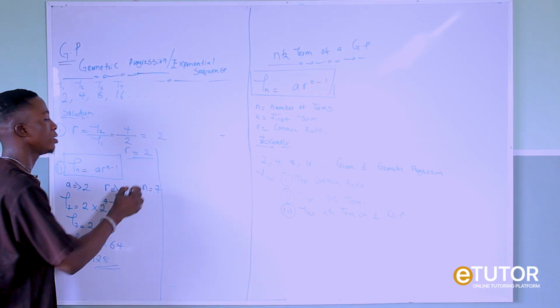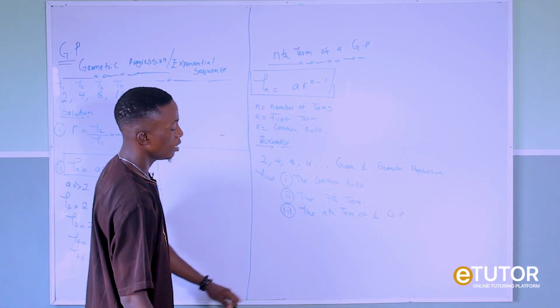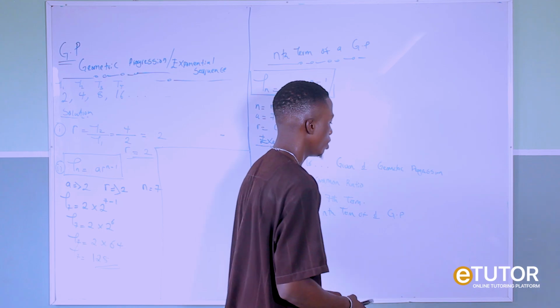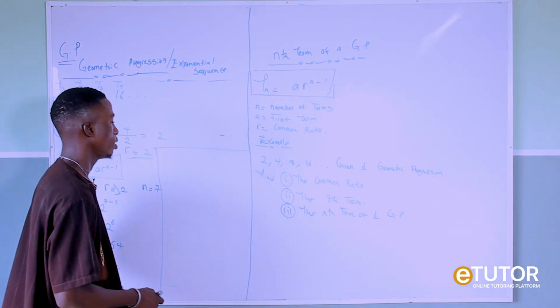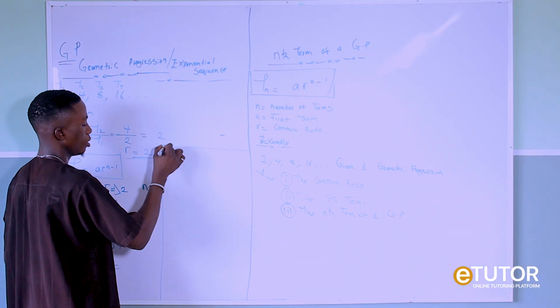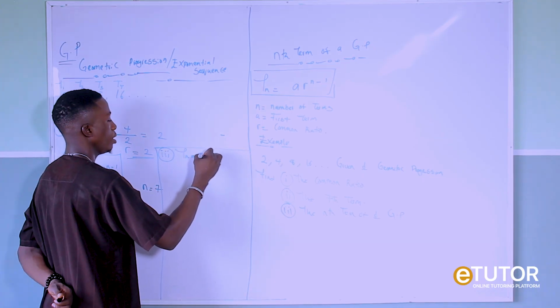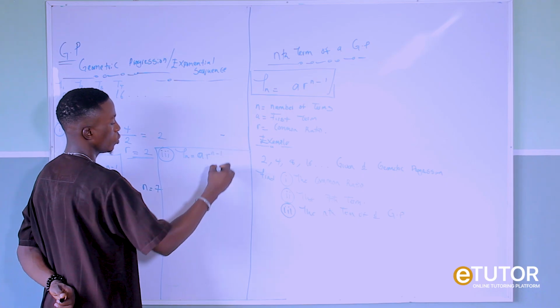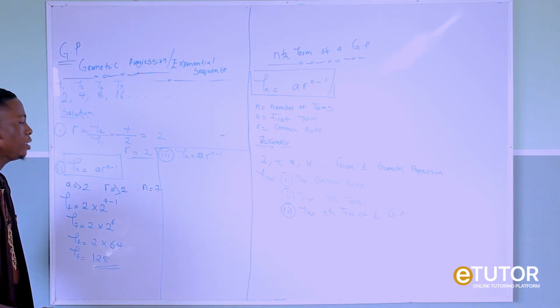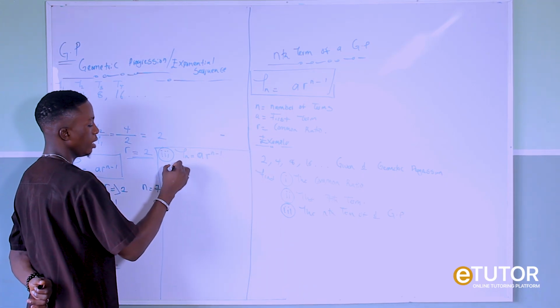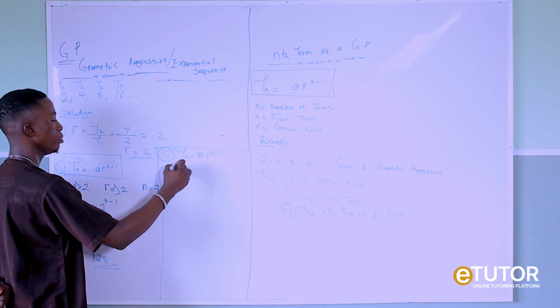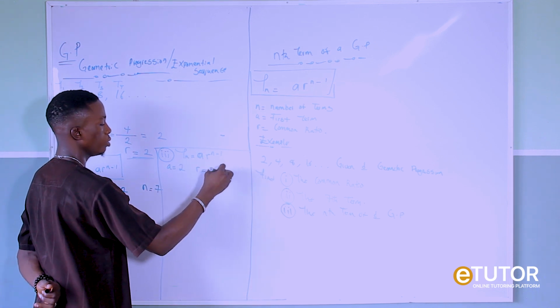So the next one says, find the nth term of the geometric progression. So the third one, Tn equals ar raised to power n minus 1. Now, my a here is 2. My r is also 2.